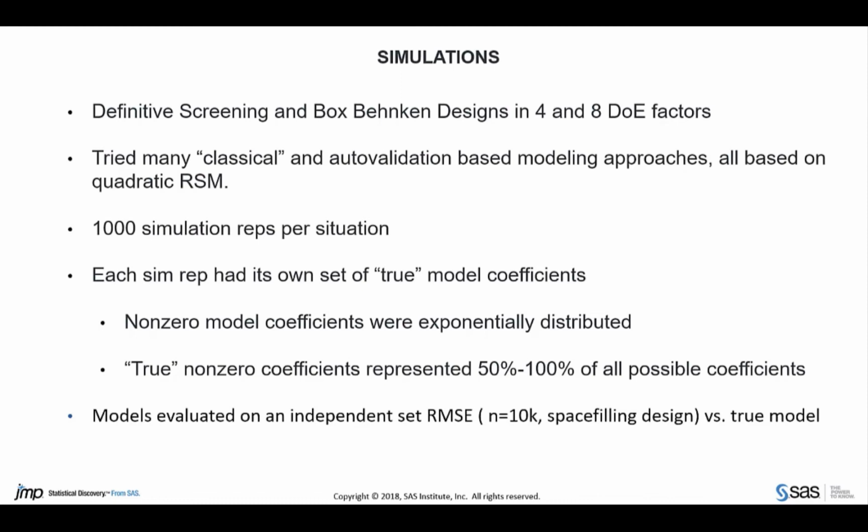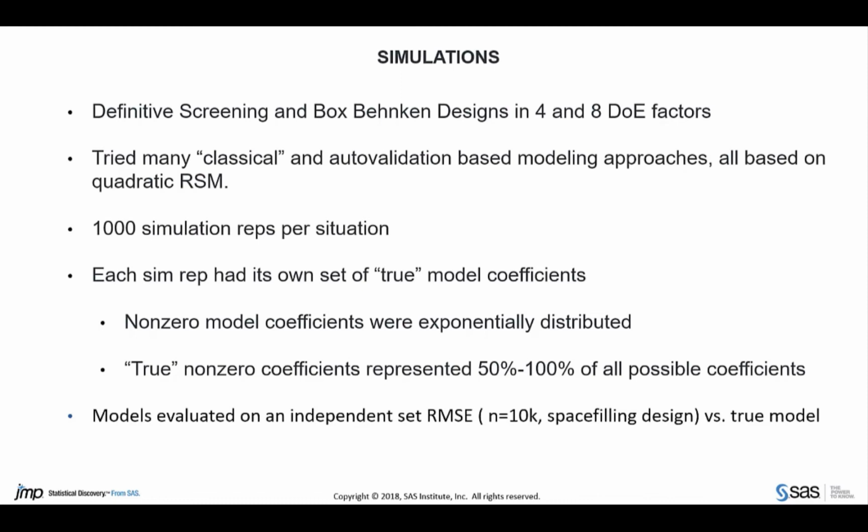We used 1,000 simulation reps per situation. Each simulation rep had its own set of true model coefficients. The non-zero ones were exponentially distributed with a mean of 1. The error variance was 1. And the true coefficients represented 50% to 100% of all possible coefficients.